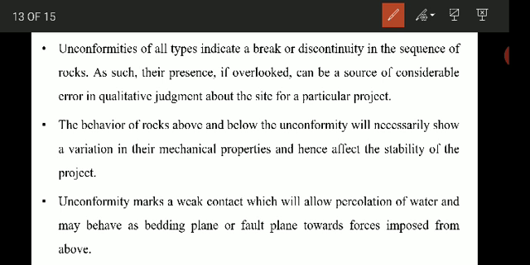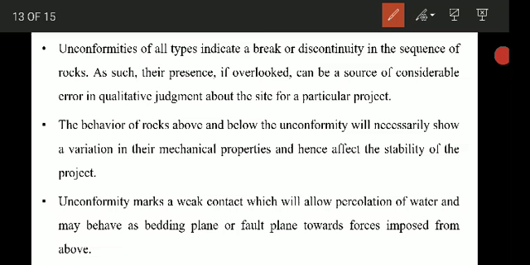So this unconformity acts as a weak contact plane which allows water percolation in the case of a dam or a tunnel. This plays a very important role in the construction of any type of structure.